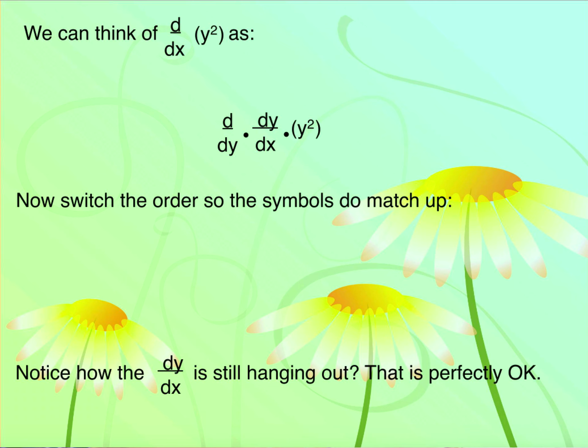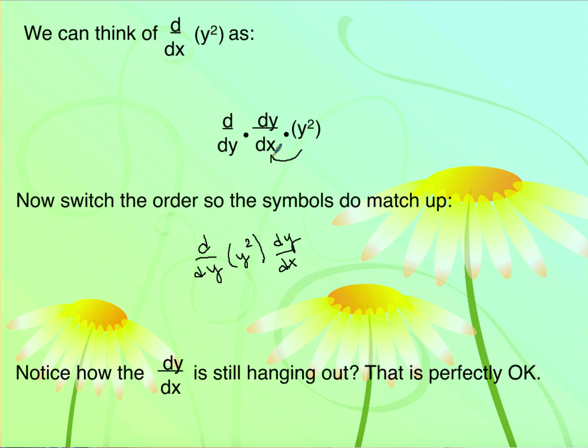And then we can switch the order so that I've got d dy, the derivative with respect to y, of y squared, and then the derivative of y with respect to x. See, I just flip-flopped these guys. Still haven't changed the value of anything.